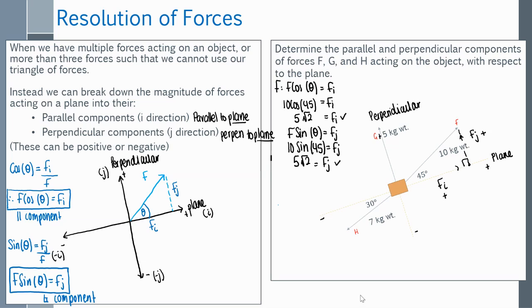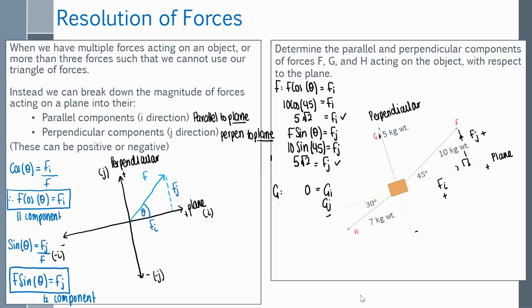We can do the same with G. If we're trying to find the component along the plane, notice that G doesn't go to the left or to the right. It's just straight up along the perpendicular direction. So it is 0 in the i direction, so Gi is just 0.